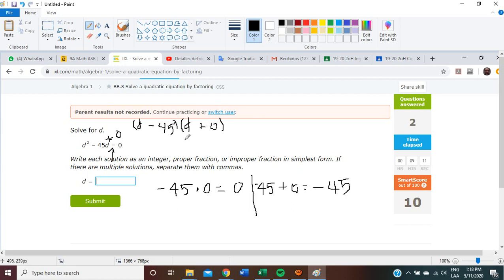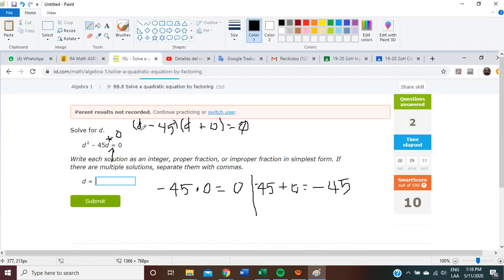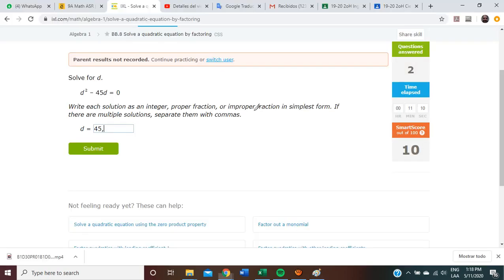If you want, you can do all of it, or you can just say, if it is negative 45, then D is going to be positive 45, and you can just write it right here, 45 positive. And the other solution is, if D plus 0 equals 0, D is going to be 0, because I am going to send this 0 to the other side.